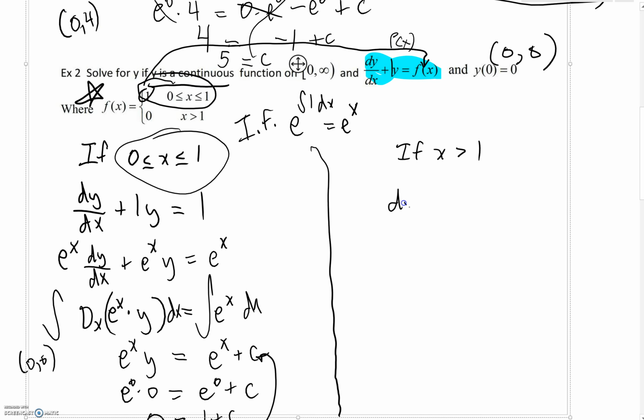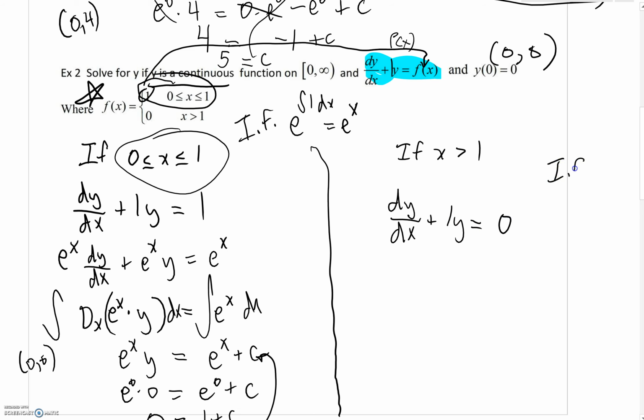And we will have dy dx plus our 1y, but now your right-hand side is just a 0. Well, guess what? Your integrating factor is the same. We already worked that out. And we're going to multiply everything by e to the x.